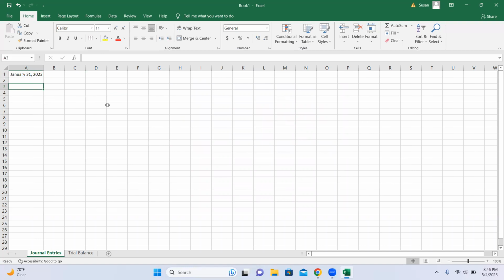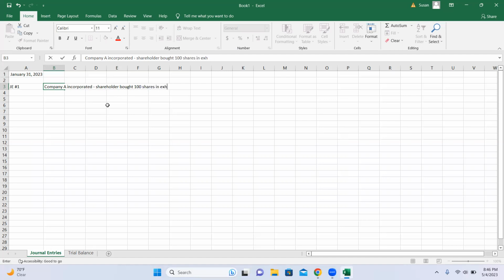So let's, for example, say for journal entry number 1, the company has incorporated. Company A incorporated, where shareholders bought 100 shares in exchange for an initial capital of $100,000.